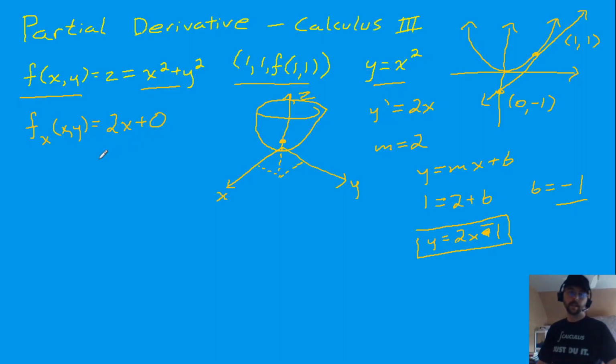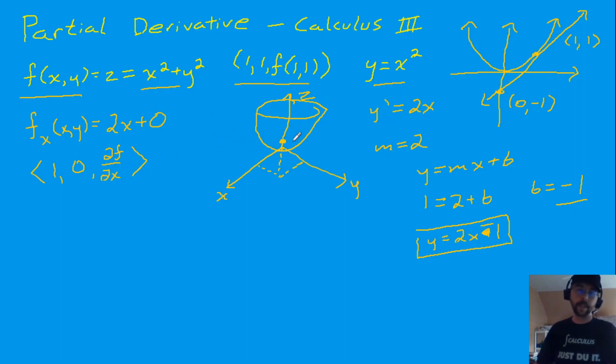So now what we can do with this information is, let's go ahead and get some formulas. A formula that's commonly memorized is <1, 0, partial f with respect to x>, and this is the direction of the tangent line to this point.